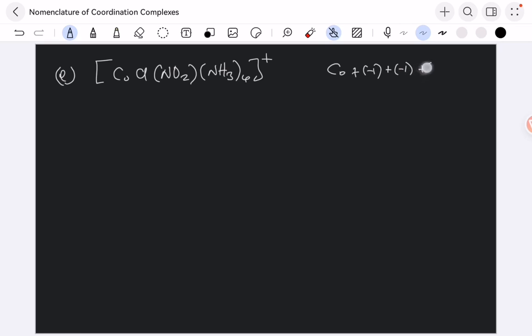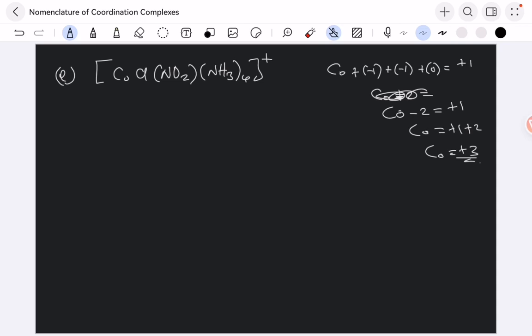Then NH3 is 0, then that is +1. So Co -2, then +1, so Co +2, no, sorry, negative. Co -2, then +1, so Co is +3. So we know the oxidation number.